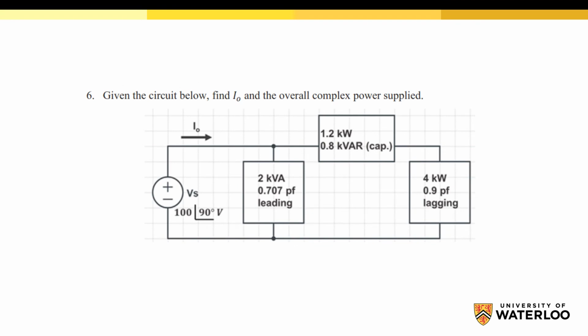Now, let's solve problem number 6. Given the circuit below, find I naught and the overall complex power supplied. So for the power triangle, we have 4 variables: the active power P, the reactive power Q, the complex power S, and the power factor angle.